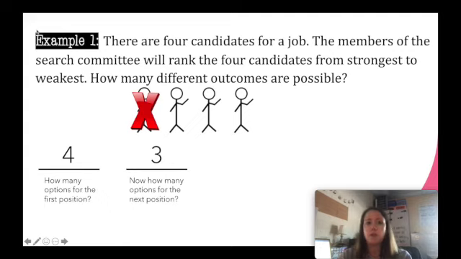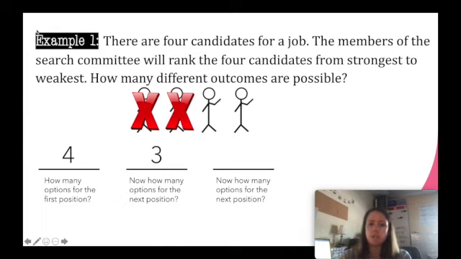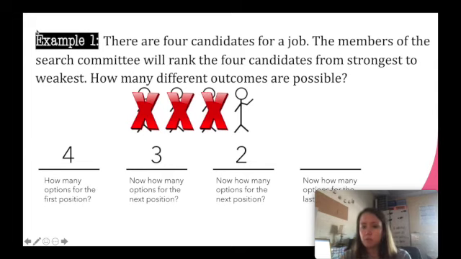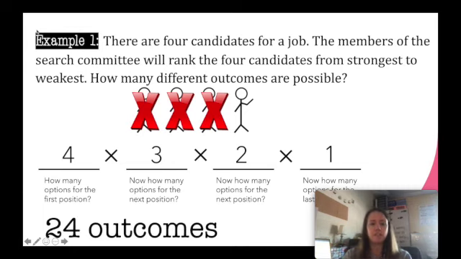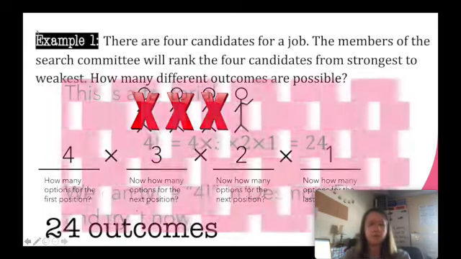Okay. Now you have chosen someone for that position. So you are ready for the next position, which means you only have 2 to choose from. And then lastly, you choose someone to sit there. So now you only have 1 to choose from. And so then we multiply those together, kind of like we did with the counting principle, to get 24 outcomes.